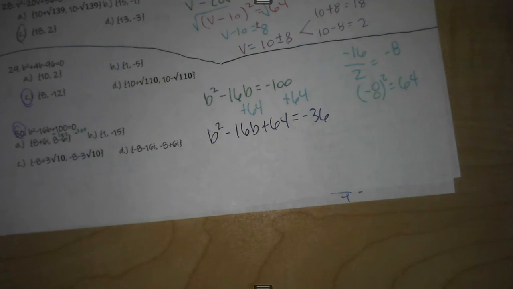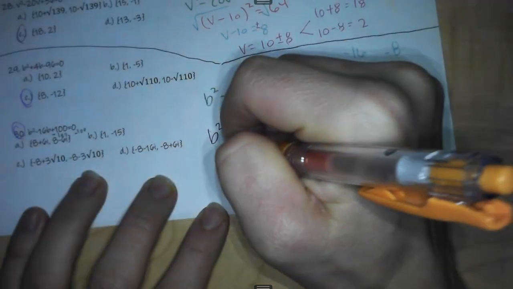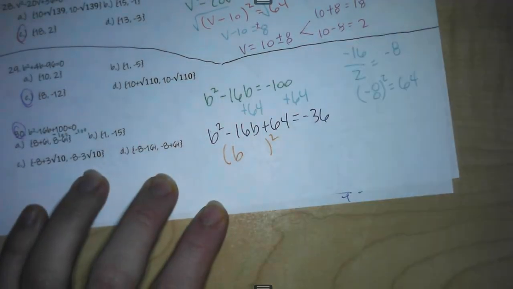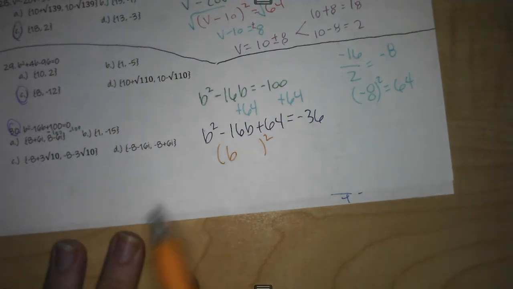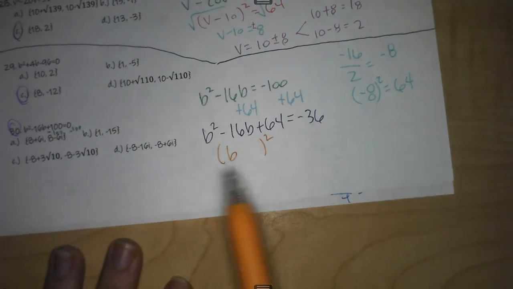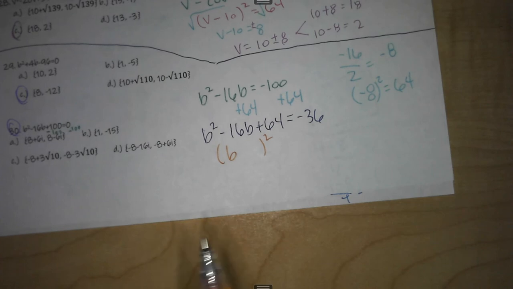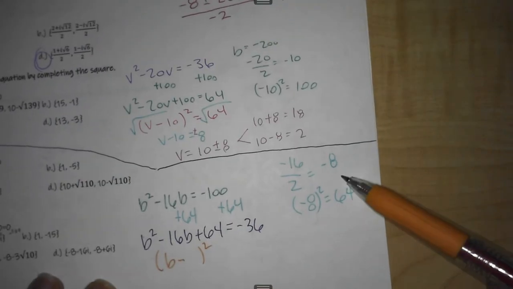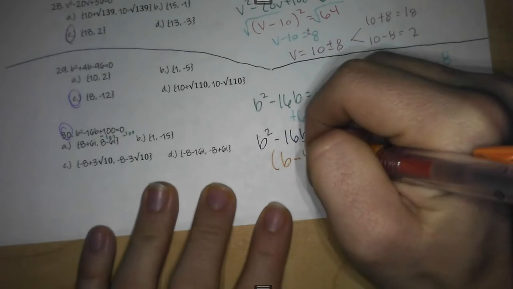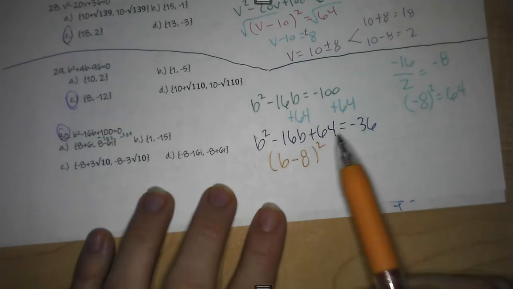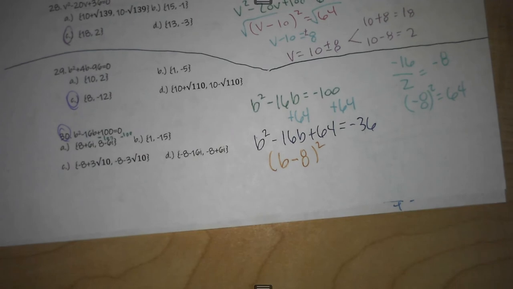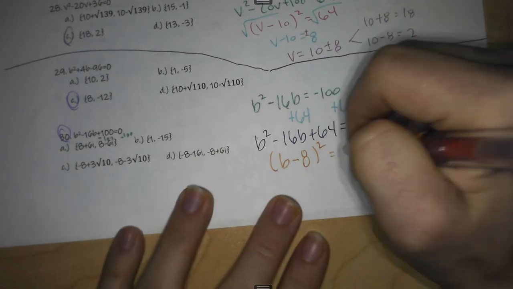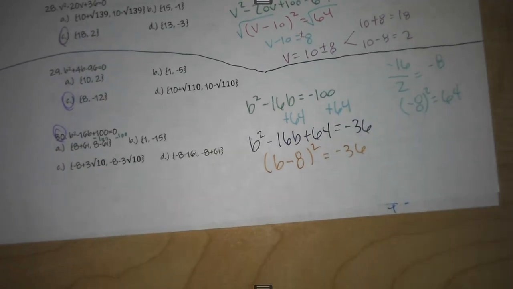So remember, that means I'm going to put the variable first, and then I'm going to subtract this number that I had gotten here, the 8, and square it. And that equals negative 36.